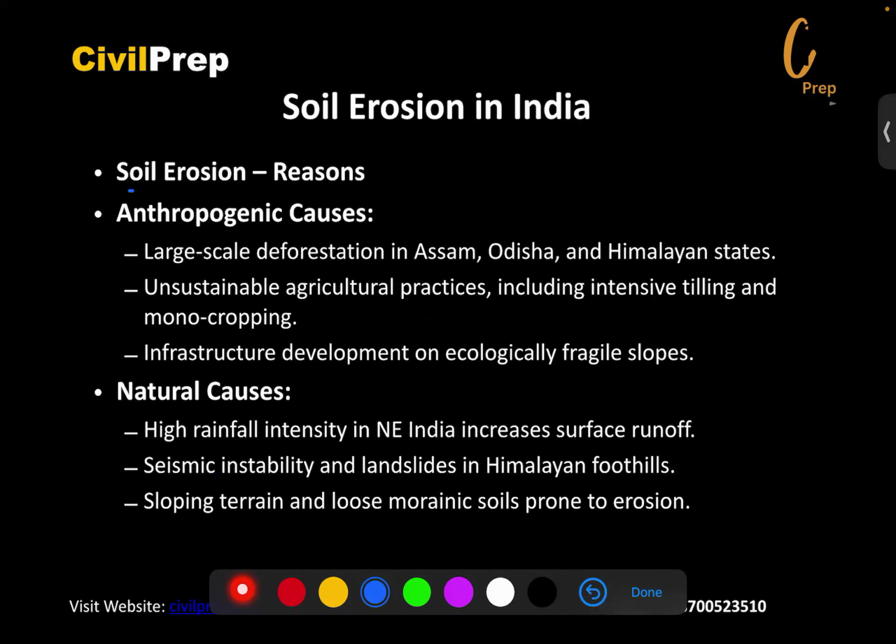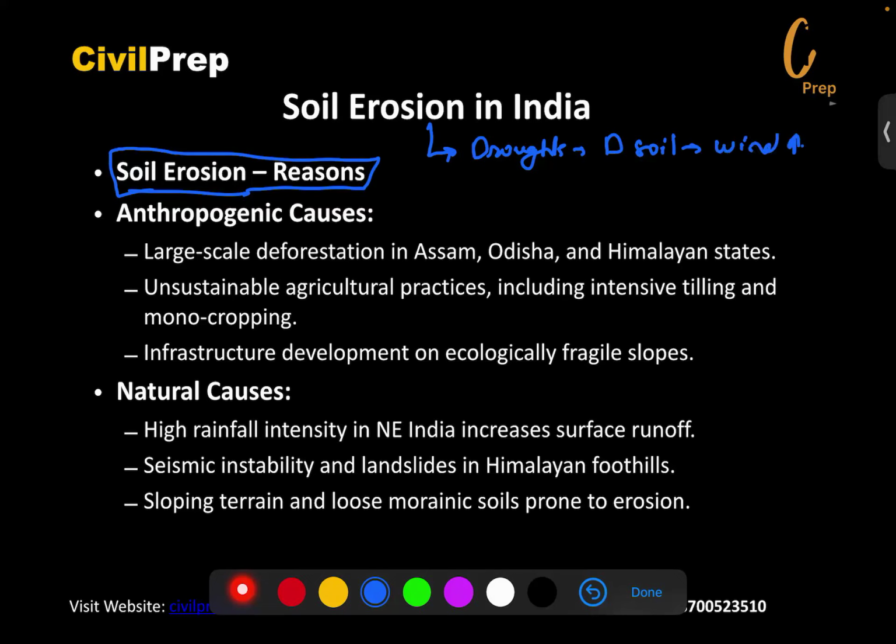Now, soil erosion, we have certain reasons to explain here first. In India, soil erosion is majorly taking place because of droughts, which degrade soil, and here wind erosion is quite dominant.